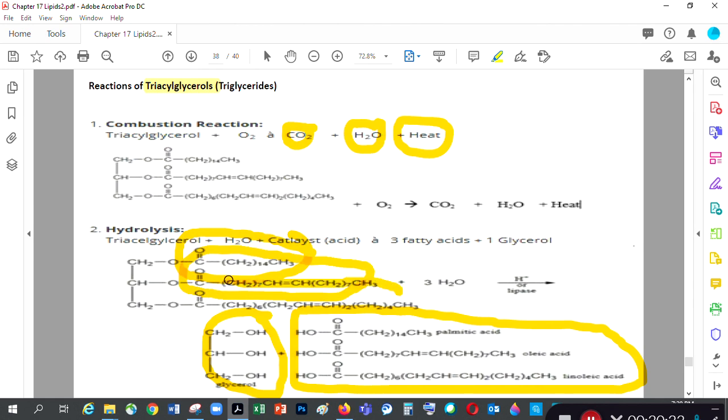So what are you producing? You have esters here from 3 fatty acids, and you will produce the original fatty acids they came from. They can be identical, they can be different, they can be saturated, they can be unsaturated fatty acids. This is the second reaction.